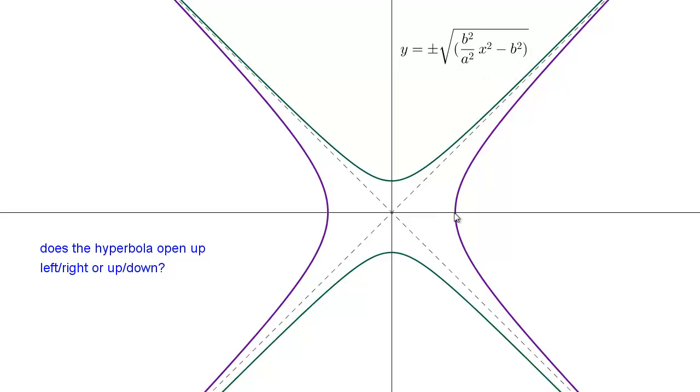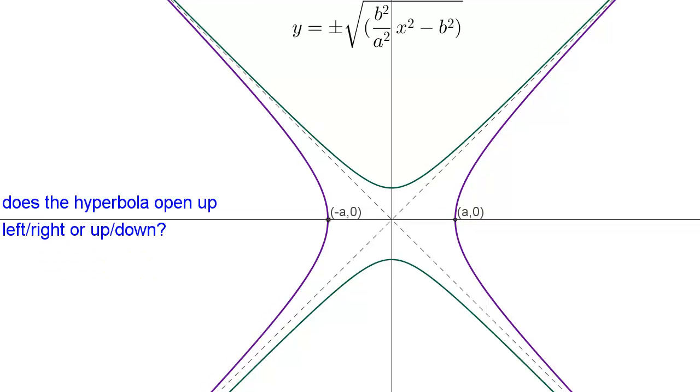The purple one clearly has a point where y equals 0. So what value would make the inside of the radical equal to 0? And hopefully you can see that if x equals a, then a squared cancels out a squared, and then we get a 0 in the radical. So in fact, this point right here on the x-axis where y is equal to 0, x is equal to a.